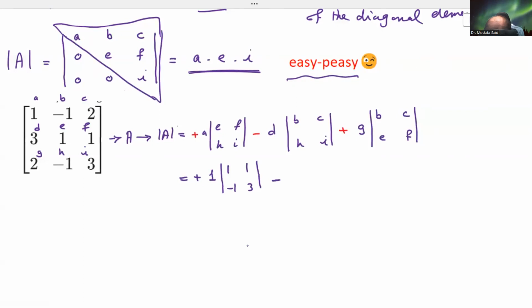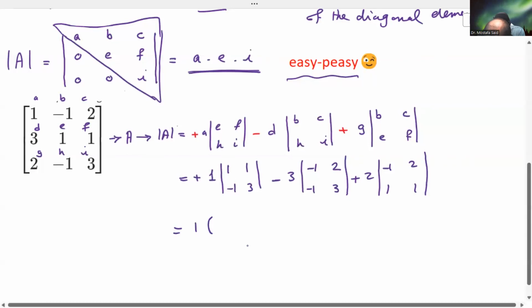Then minus D, where D is 3 in that case, B is minus 1, and C is 2, then minus 1 and 3. Good. Then you have G, which is 2. Then you have B, which is minus 1, C is 2 again, and then you have 1 and 1, A and F.